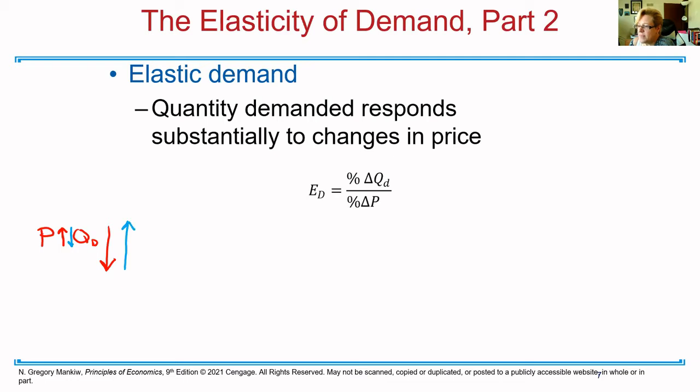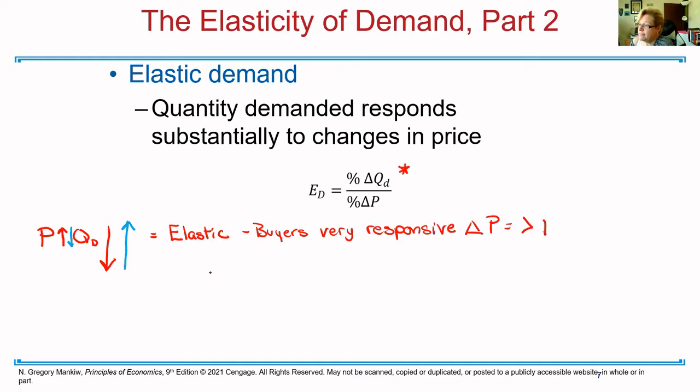So if we're doing this mathematically, then in this instance, we will say that this is elastic, meaning buyers are very responsive to changes in price. And I'll just put delta change in price. When we calculate using this point formula, we're going to end up with an elasticity that's greater than 1.